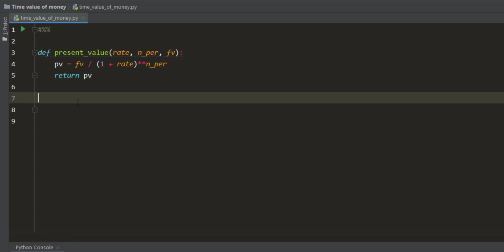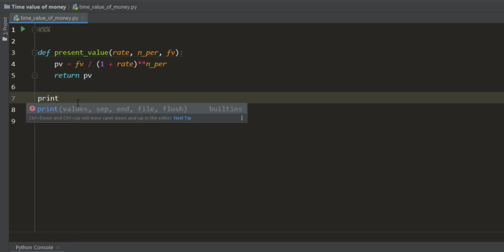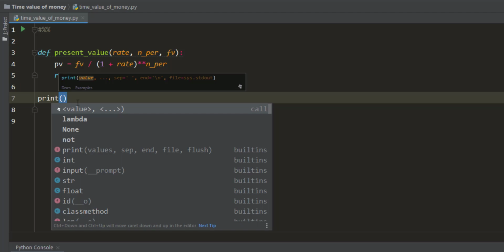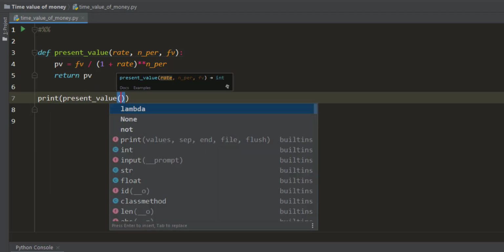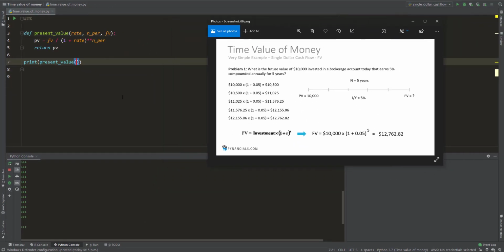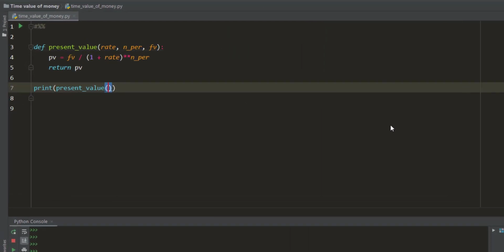Okay, so now let's give it a try. We are going to print our present value function, and let's refer back to our question. So our rate would be 5%, number of period 5 years, and our future value is 10,000 here. So let's just plug them into our function.